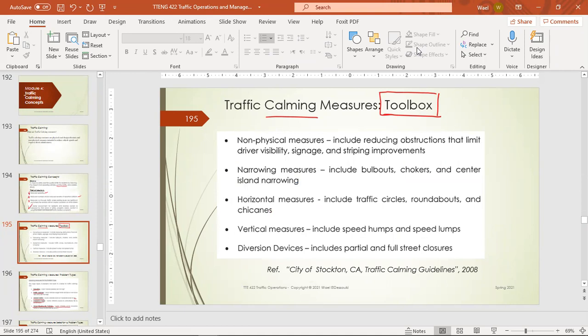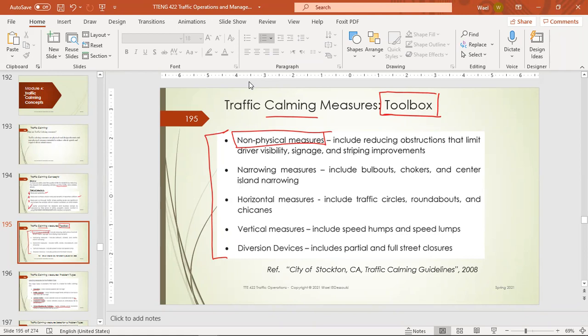So, for traffic calming, we have a toolbox. This toolbox covers these categories. We have five categories. We start with non-physical measures. For this category, we don't need a construction contract for someone to go to the site and change the physical structure of the road.